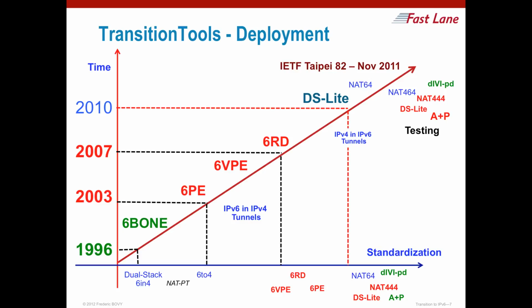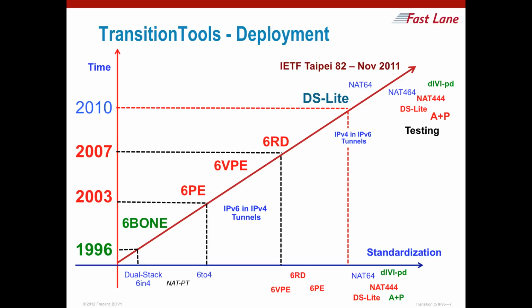And for customers who are IPv6 only and who need to connect to IPv4 service, NAT 6.4 is the translation protocol which is currently being deployed and which permits again for an IPv6 only network to access IPv4 contents.